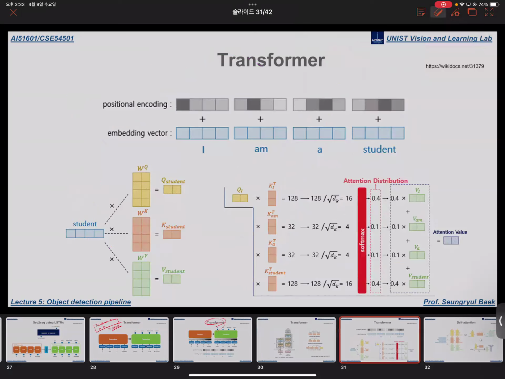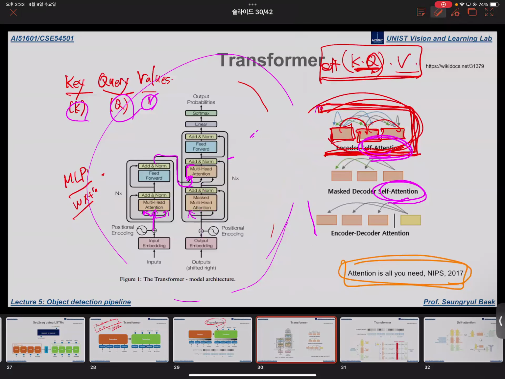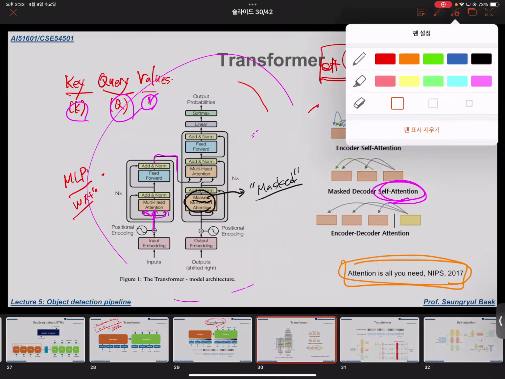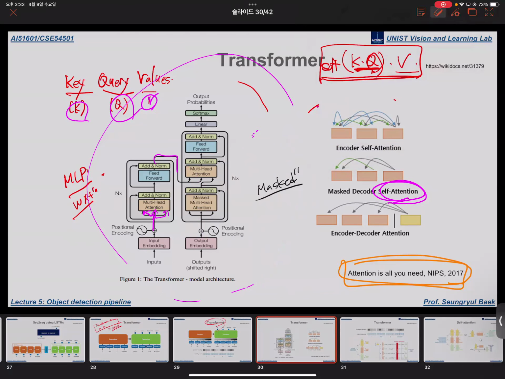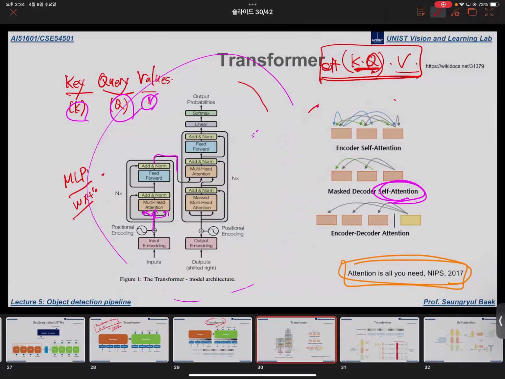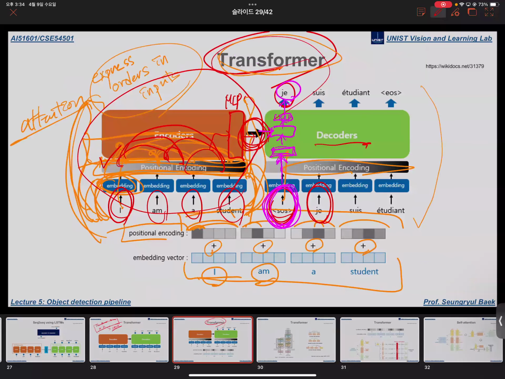Here you can also see there's a mask, this masked word here. When implementing this decoder, we will not actually implement it as I mentioned before.